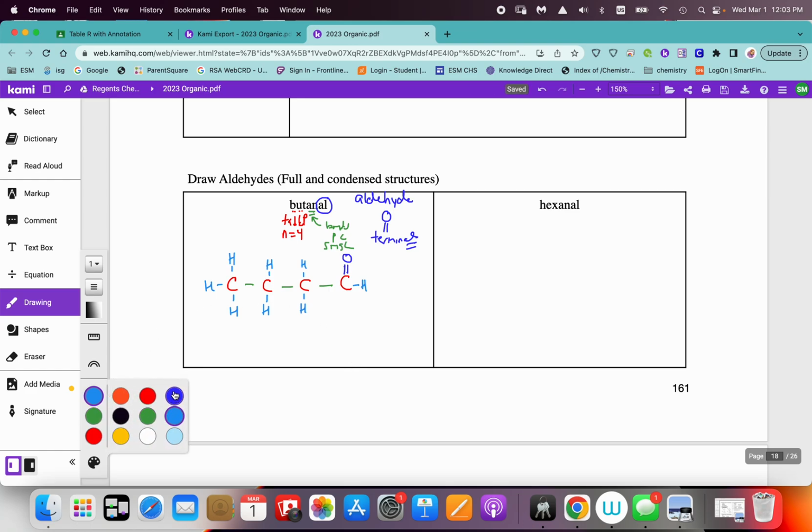If we draw the condensed formula, it would look like this. Carbon 1 with its 3 hydrogens, carbon 2 with its 2 hydrogens, carbon 3 has 2 hydrogens, and now carbon 4 has a hydrogen directly attached to it. Then the other thing directly attached to it is the oxygen. And right here, we can see in that condensed formula, CHO.